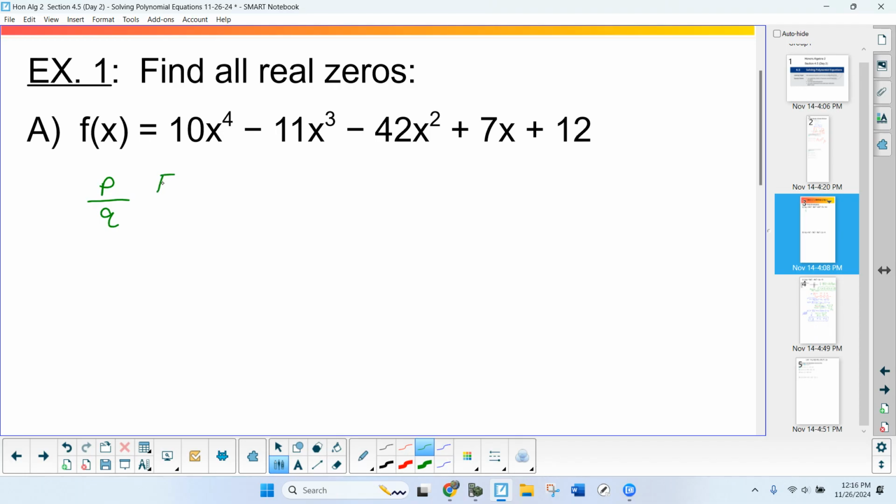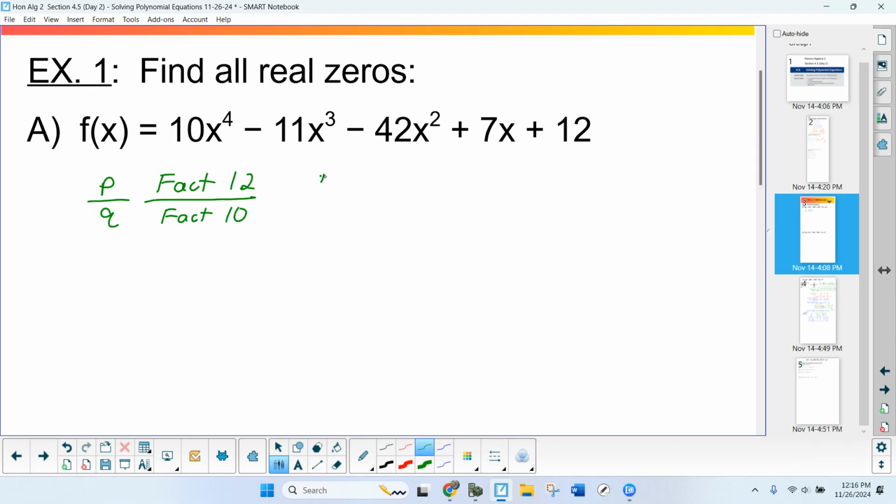P is factors of what? 12. Q is factors of what? 10, leading coefficient. So factors of the constant divided by factors of the leading coefficient. So factors of 12.